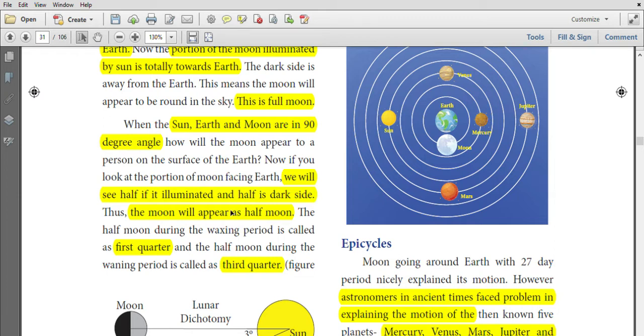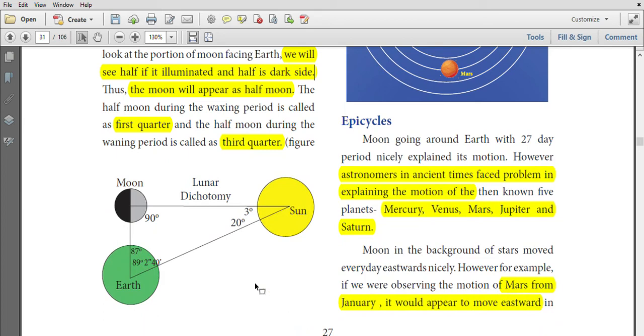So, the moon will appear as a half moon. The half moon during the waxing period, waxing means growing period, is called the first quarter. The half moon during the waning period, the shrinking period, is called the third quarter.